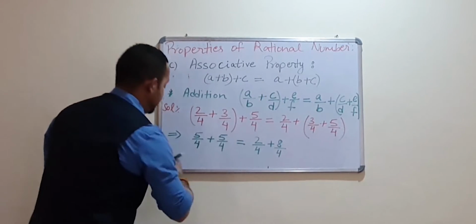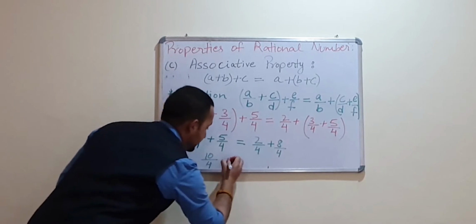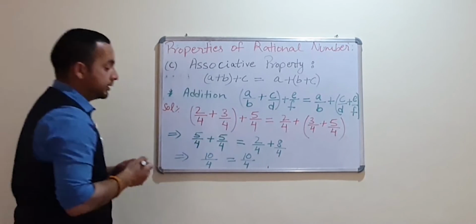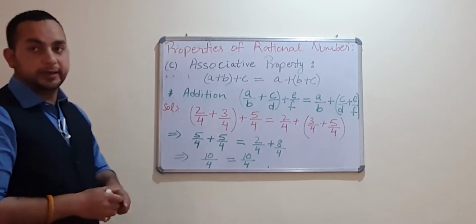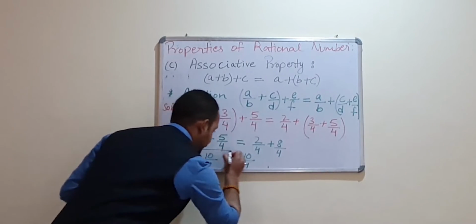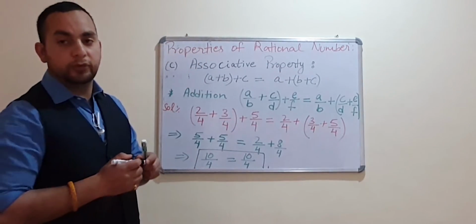So 5 plus 5 is 10 divided by 4, and 2 plus 8 is 10 divided by 4. So left hand side and right hand side are both the same, which means associative property is applicable for addition.